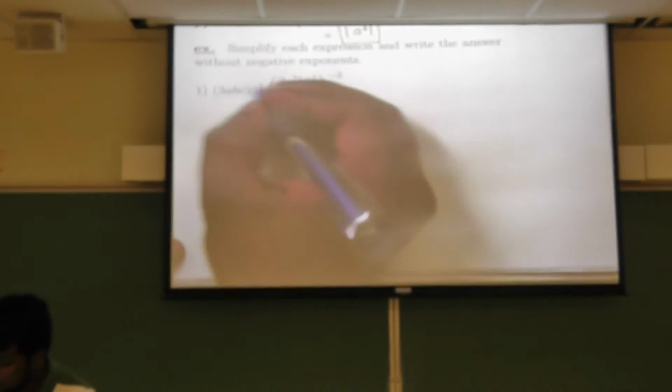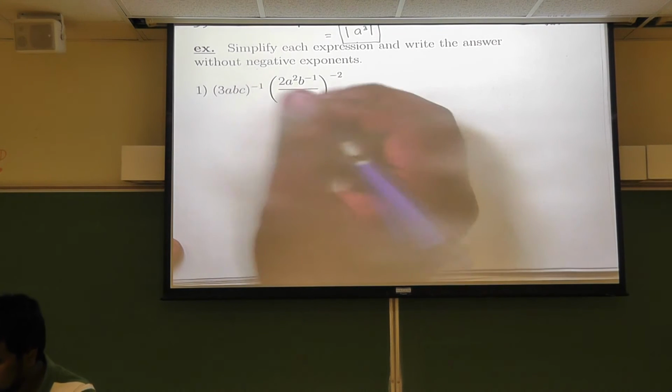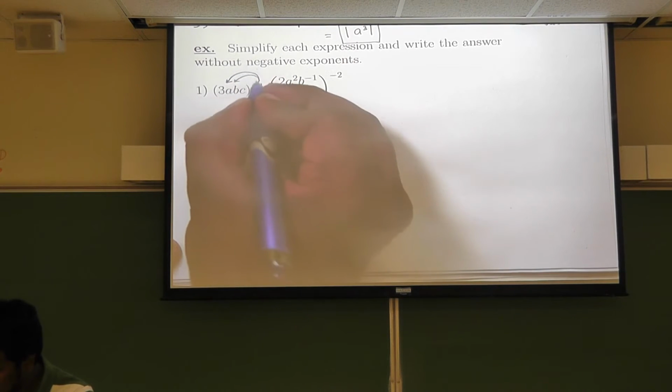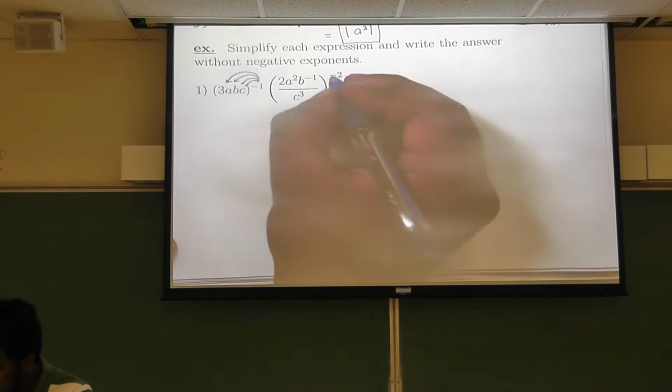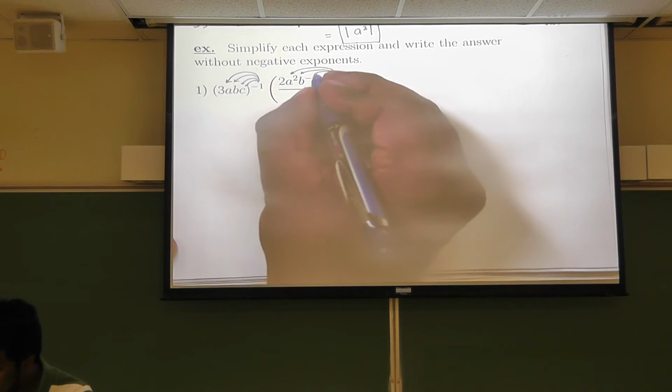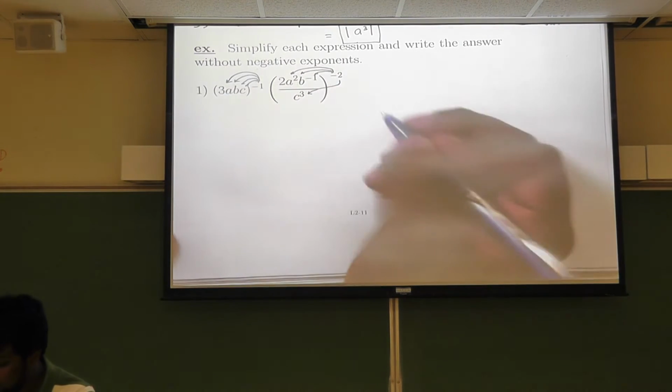So first, I would work inside and distribute this -1 into all of them, so I no longer have parentheses here. I would also distribute this -2 to all of these exponents, so I no longer have parentheses there.